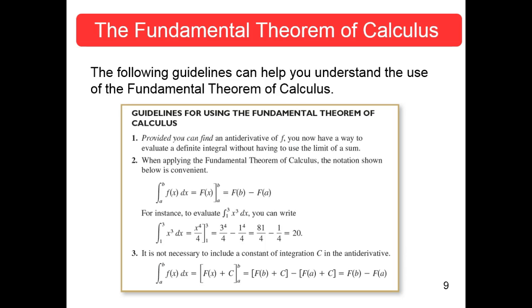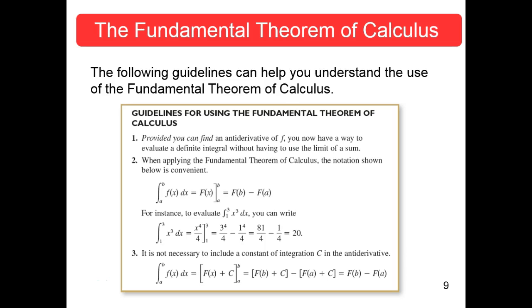Evaluate that at 3. 3 to the 4th is, anyone know? 81. Okay? Minus, and then evaluate, 81 fourths, and then minus, when you evaluate it, 1 fourth, and 81 fourths minus 1 fourth is 80 fourths, which is 20.